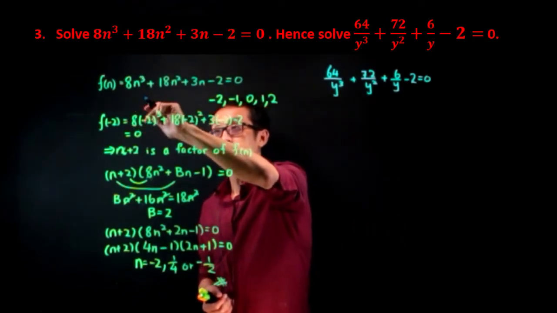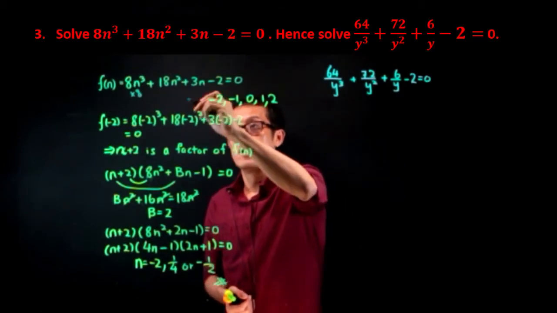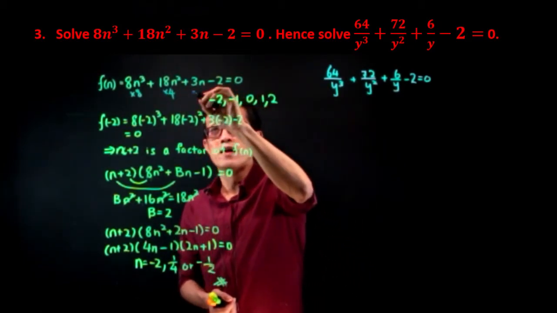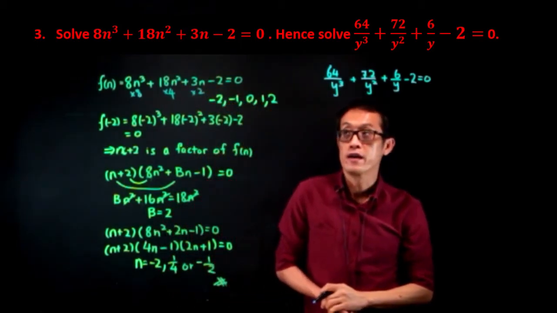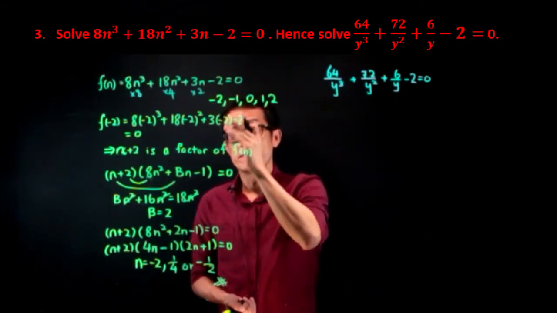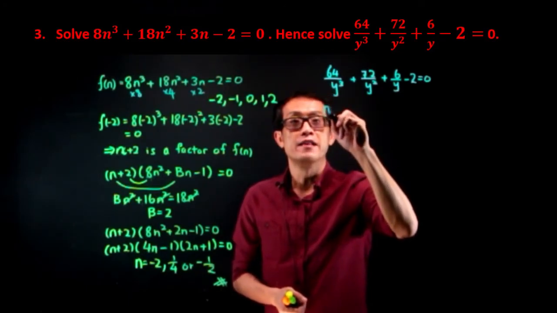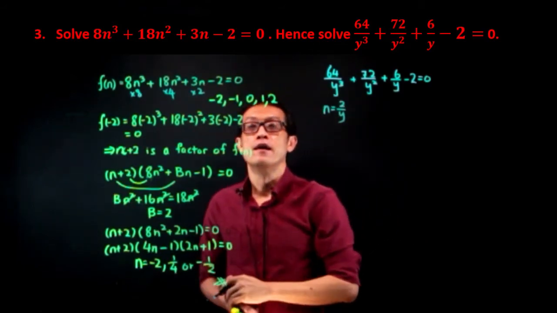Now you compare these two equations. You realize that this one you need to times 8 to get 64, this one you need to times 4 to get 72, and this one you times 2 to get 6. So by inspection, you know that n is equal to 2 over y.